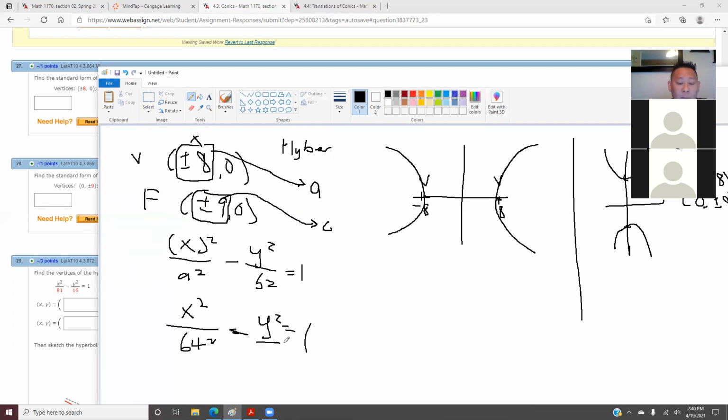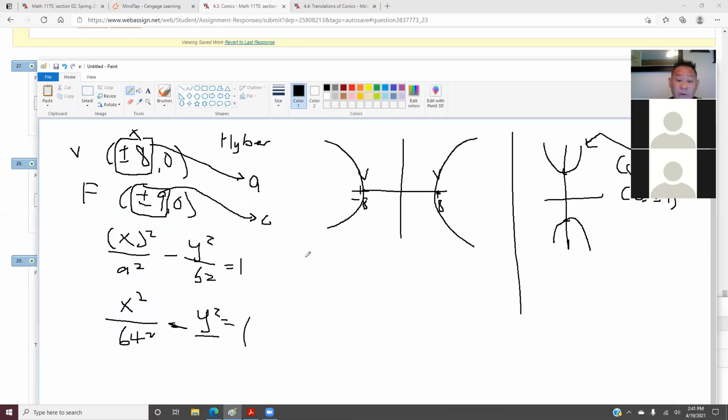So how do you figure out b squared? You have to use your Pythagorean theorem. So this is exactly like Pythagorean theorem: a squared plus b squared equals c squared. So a is 8 squared. We do not know b squared, but c is 9 squared.